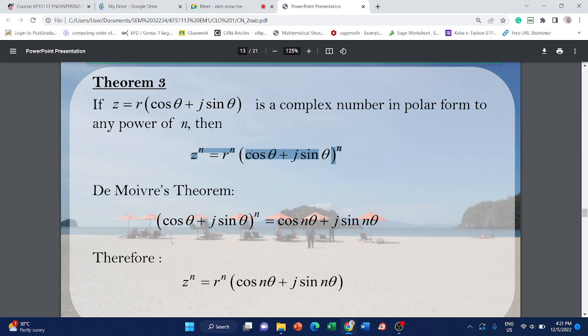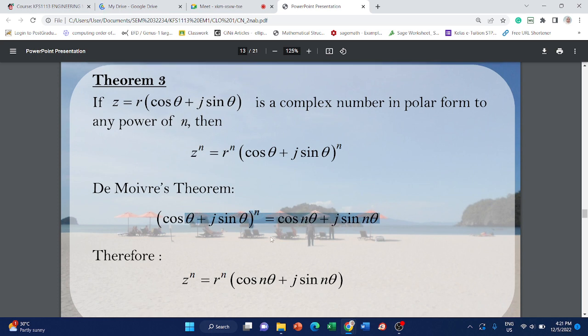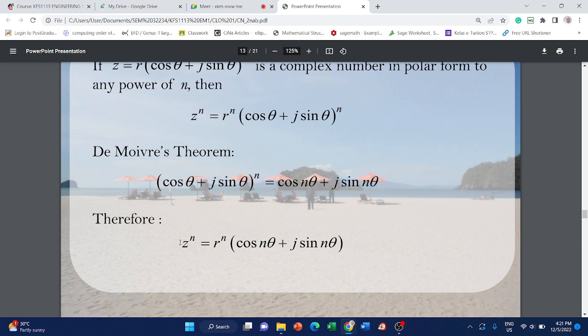On the right-hand side, we have r to the power n times cos theta plus j sin theta to the power of n.